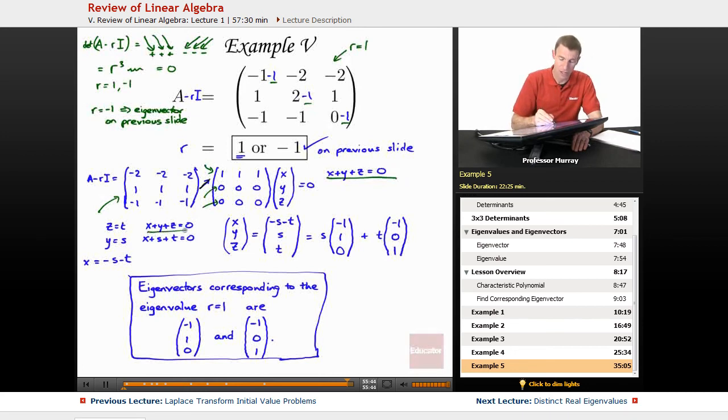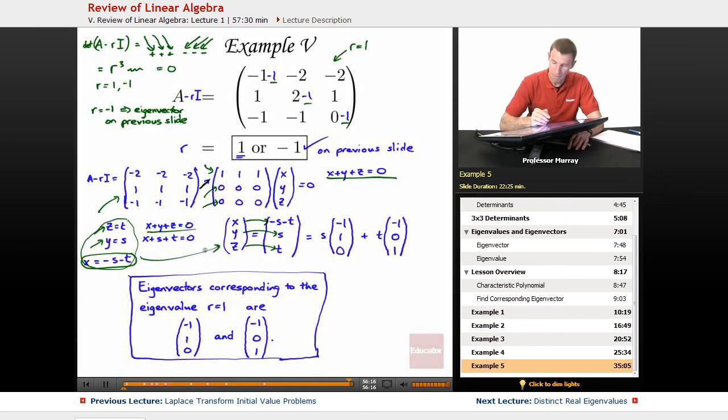Now, that doesn't give us very much information about x, y, and z, so we have to use free parameters to solve it. So we'll start out, we always work backwards from z. I start out with z equals t, then I still can't figure out what y is, so I'll set y equal to s. And then finally, if I know what s and t are, I can solve for x in terms of t and s. X is equal to minus s minus t. And so if I plug those back in, the x was minus s minus t, the y was s, the z was t, so that's what I figured out over here.